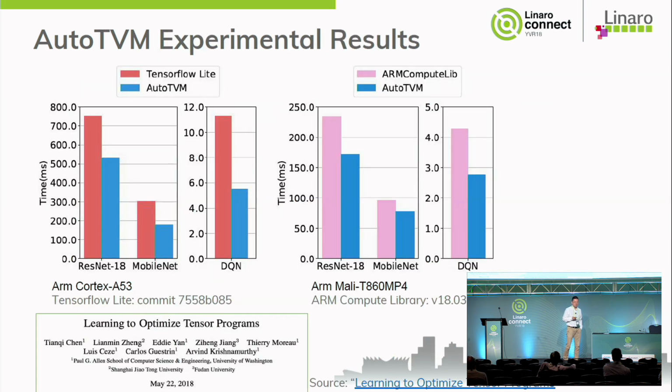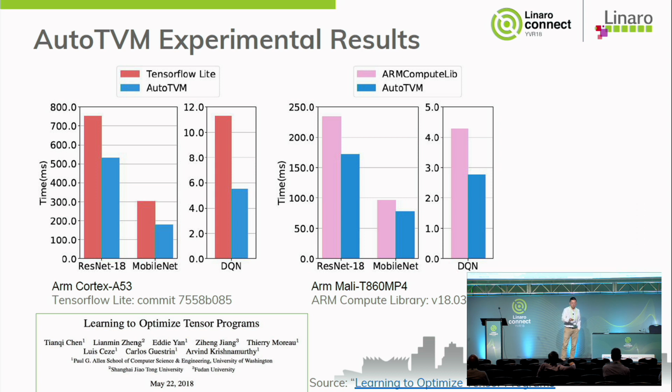Here is some data from the TVM community, right? There is a paper titled Learning to Optimize Tensor Programs. If you have interest, you can read the paper. On the left, there is a comparison between TensorFlow Lite and AutoTVM. We can see that there is a great speedup in performance. And on the right, there is a comparison between the ARM Compute Library and AutoTVM.